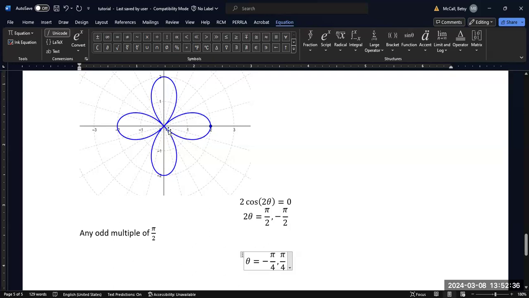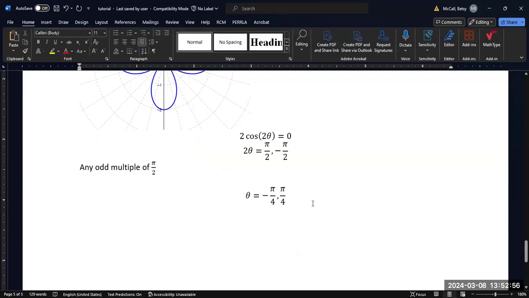If you were to start with pi over 4, then you would actually end up going this way, and you would end up with a petal that's actually in a slightly different place. So again, you just want to be careful about how you select them. You don't want to get negative values or weird outcomes. All right, so we have chosen our 2 thetas.